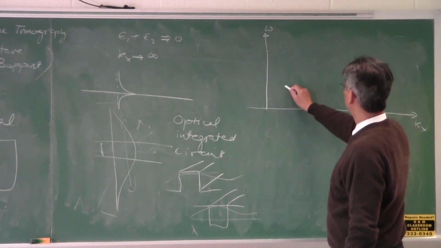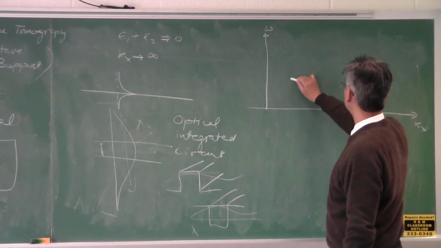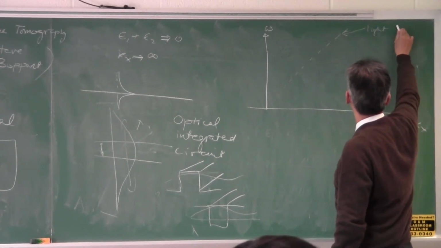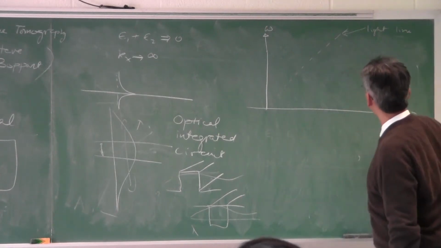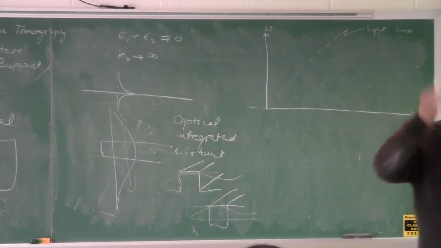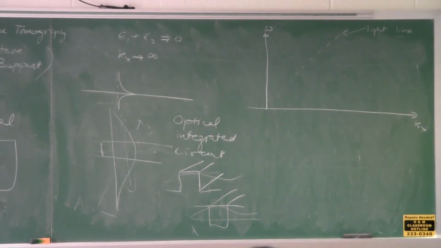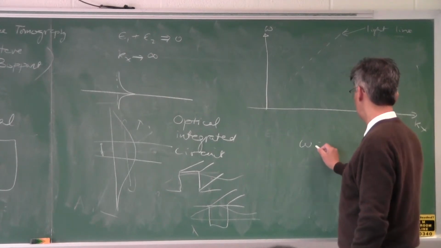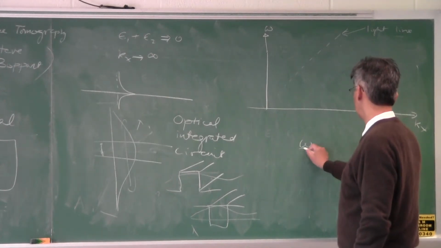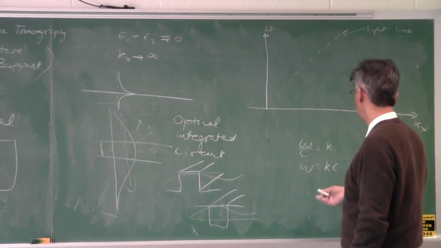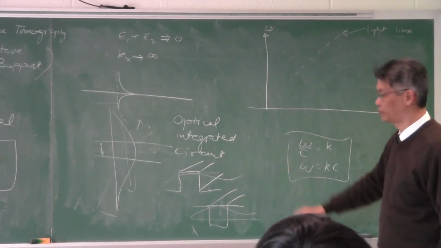There's an omega kx diagram of what we call the light line. If there's no guidance, there's no waveguide, omega k diagram will follow that of free space. Essentially, it becomes omega over c is equal to k. Omega is equal to kc. So omega k diagram will look like a straight line.